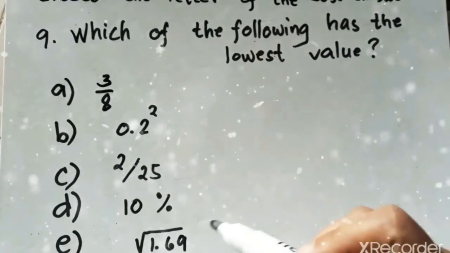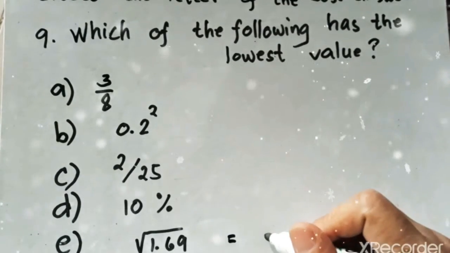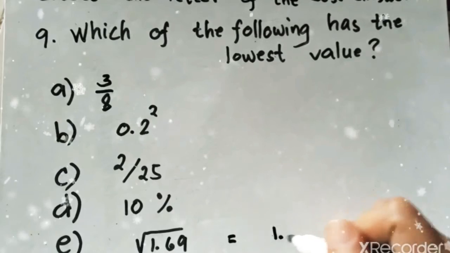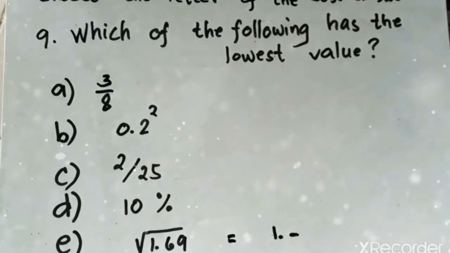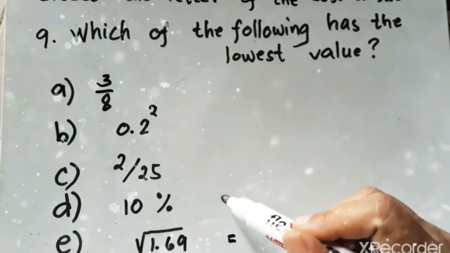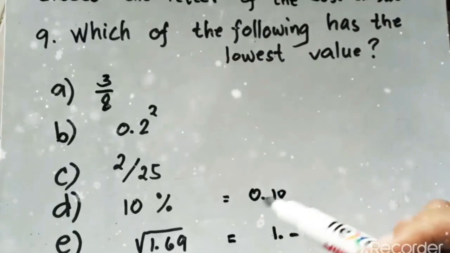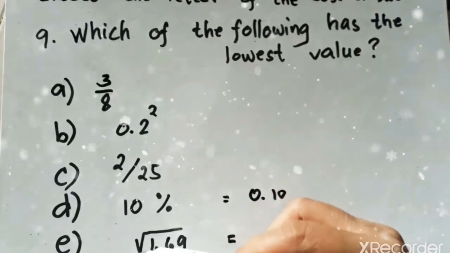Now, from your letter E, the square root of 1.69 is just equal to 1 something, since the square root of 1 is 1. So, 1 something. Then, your 10% is just equal to 0.1. That's 10 divided by 100.